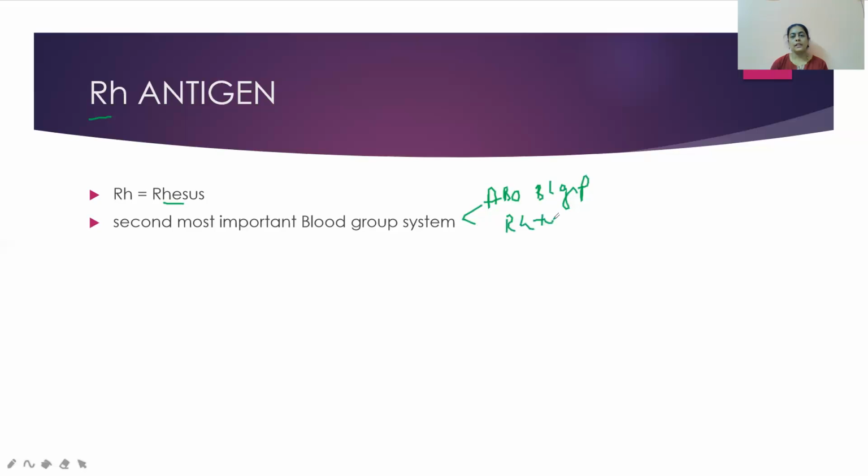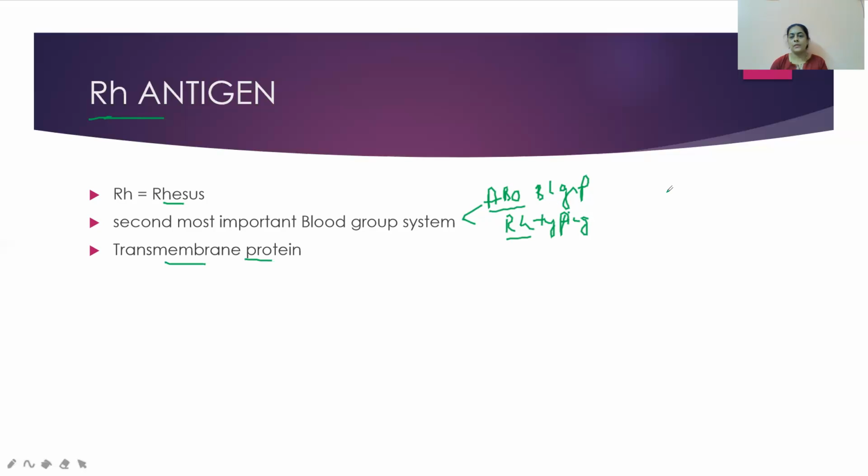It is said that there are more than 300 antigens present on the RBC cell membranes. Amongst them, the ABO blood grouping and RH typing are the commonest group systems which we have to know. This RH antigen or RH factor is a transmembrane protein.